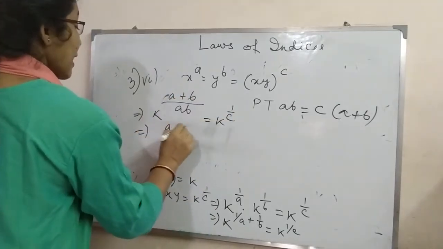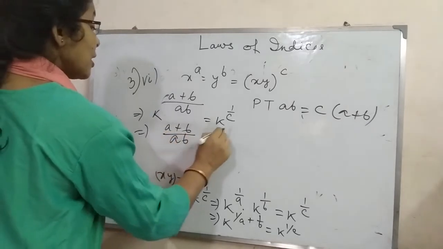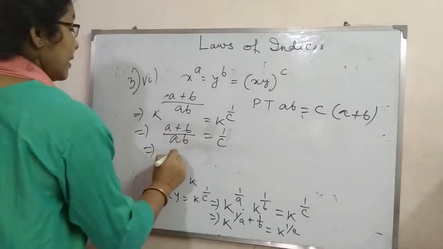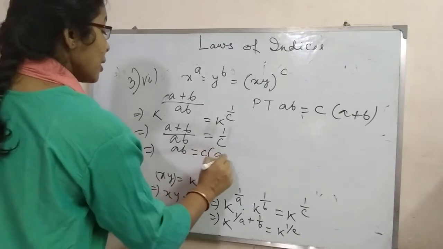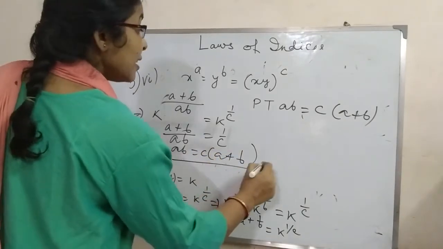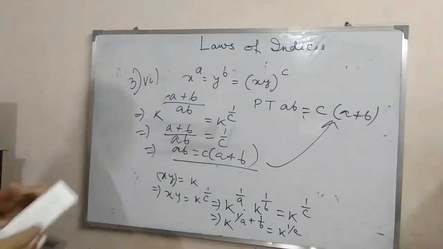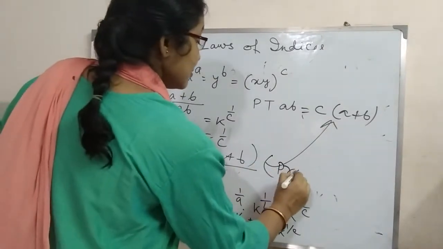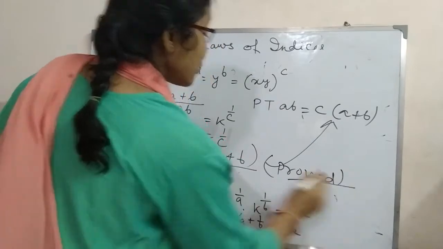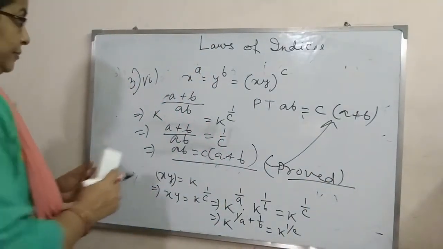So (a plus b) by ab equal to 1 by c, and ab equal to c into a plus b. This is the answer. So proved. Hence proved. Okay.